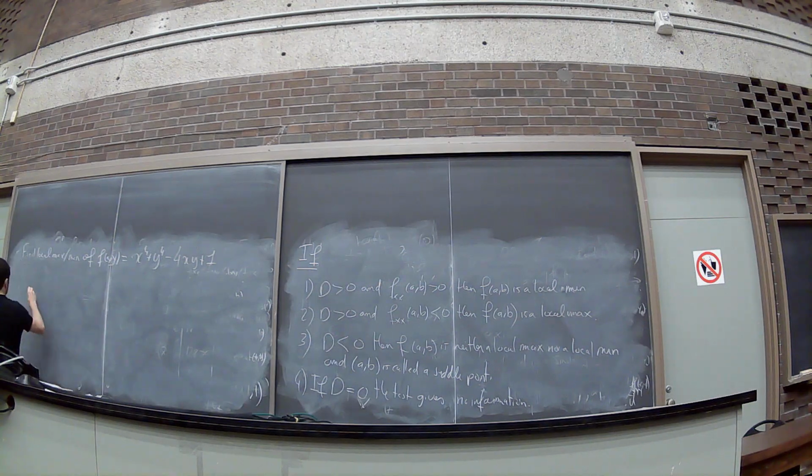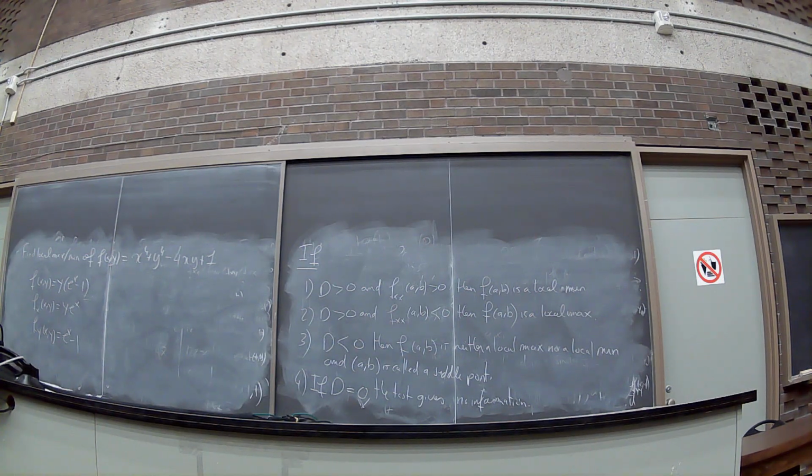Let f(x, y) be y e to the x minus y. So what is fx, everybody? It is just y e^x. And what is fy? It is e^x minus 1.